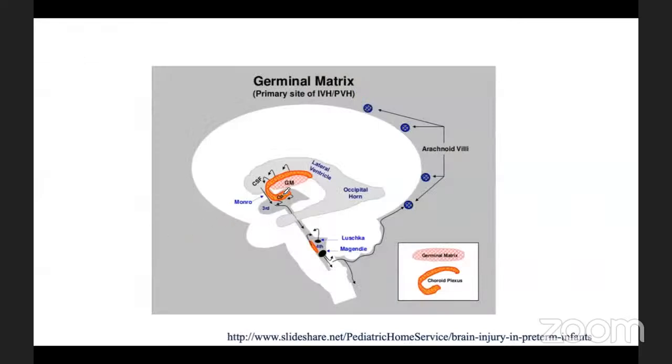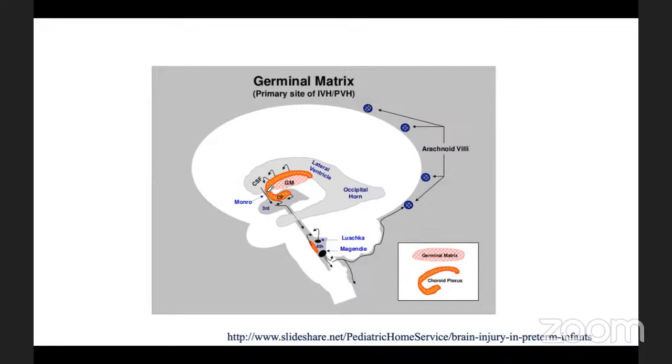This diagram shows how the ventricles and the CSF flow. The pink dotted line is the germinal matrix, and the orange one is the CSF-producing choroid plexus in the lateral ventricle.